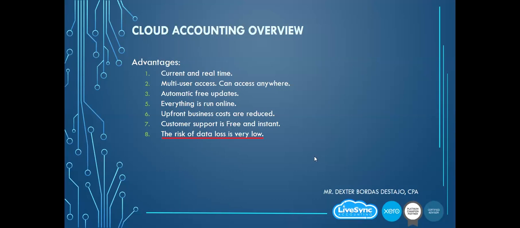Now, there is also what we call redundancy. I'm not sure if I'm correct on this, but I remember someone told me that from Xero, in the Philippines, our data within 24 hours is backed up automatically in a Singapore server. I don't know if it's still true right now because now it is managed by Amazon Web Services. So your data is saved there.